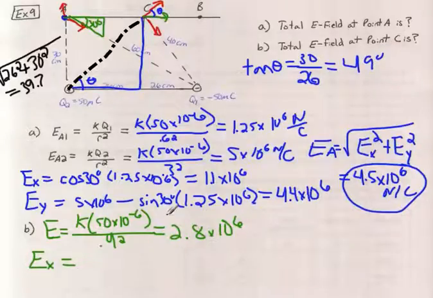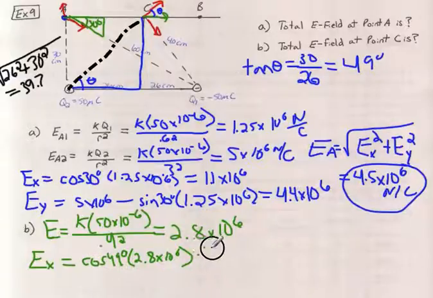Okay, so now if we finish, that is cosine of 49 degrees. That specifies our direction outwards, times the magnitude, which we just did, times 2, because we had the effect of both of these charges producing that same vector outwards.